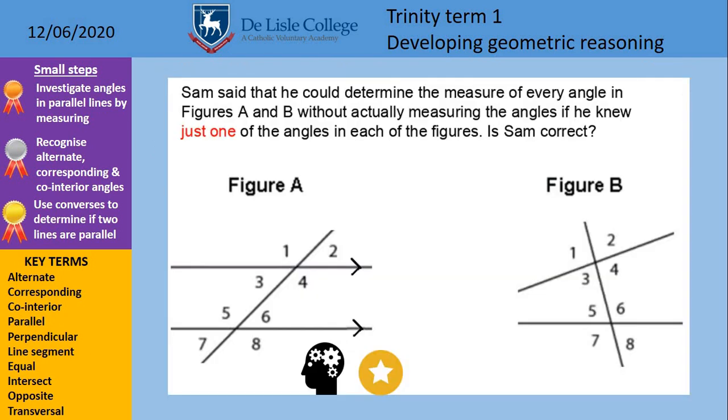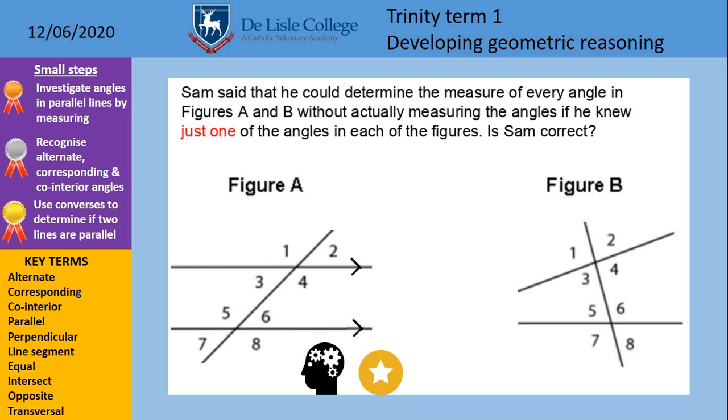Okay, Sam has said that he could determine the measure of every angle in the figures A and B without actually measuring the angles if he knew just one of the angles. Doesn't matter which one, but if they told one angle, he could solve everything in each of the figures. Is Sam correct?